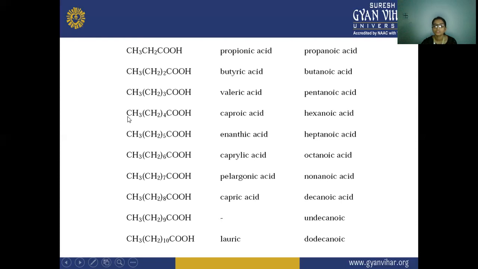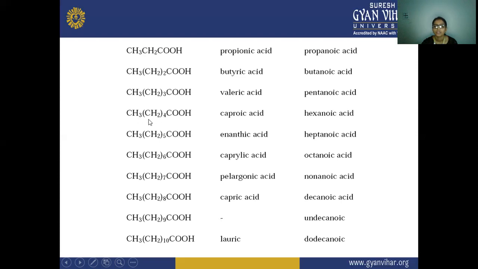Next is the one with C4, so C4 and this is C5. The hydrogens are 3, 2, 4, 5, 6, 7, 8, 9, and here 10, and if we add one more, then 11.